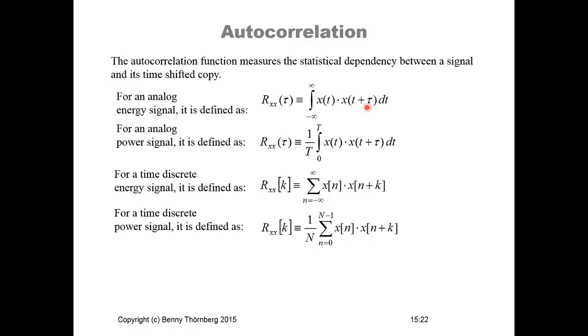We are integrating this for all the time points from minus infinity to infinity, having the same space in between those pair of time points. And for an analog power signal, it is defined almost equally, except that we are now integrating between a time point 0 and T, and dividing by the period T.